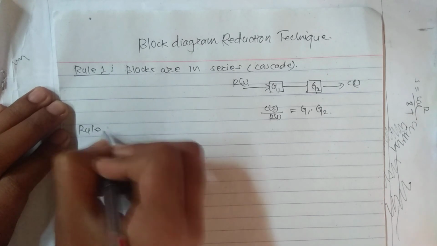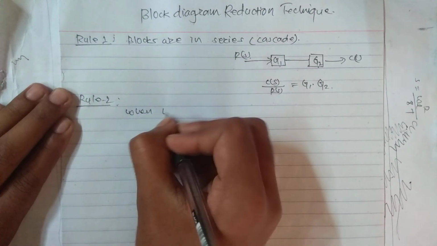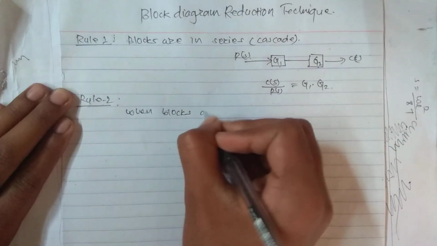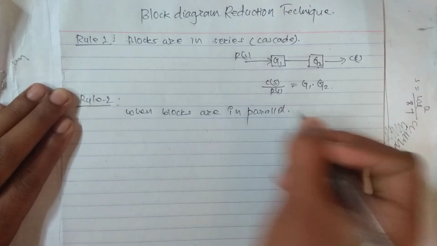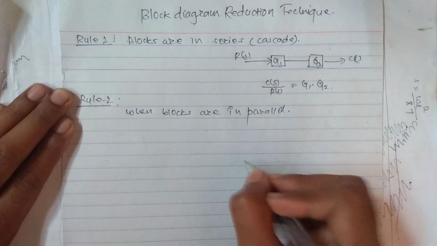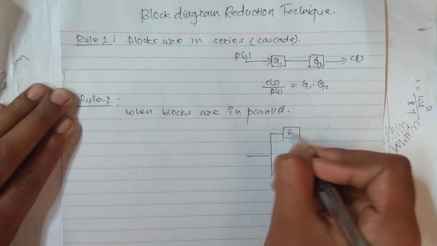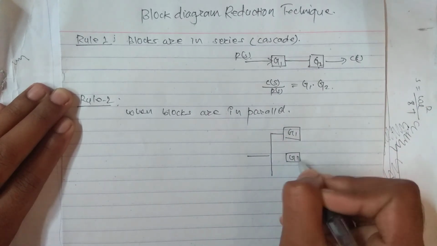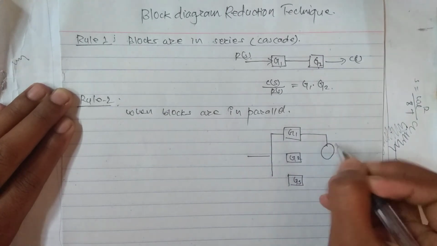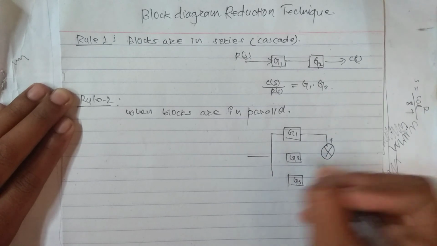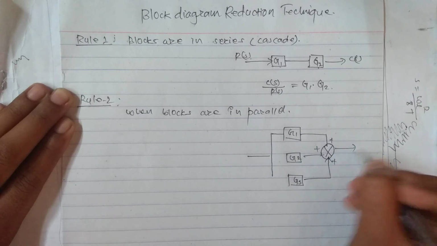And we have rule 2, when blocks are in parallel. Suppose we have the input here and let us consider 3 blocks, G1, G2 and G3, and here we have the summing point, plus, here also plus, and here also plus.